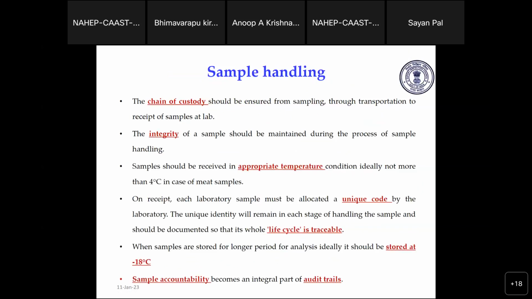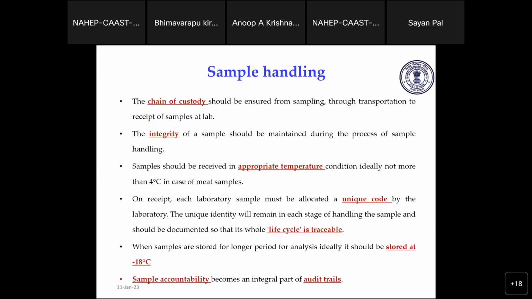Now, after sampling, as I showed in the initial flow, the sample goes to the laboratory. That is where the actual transportation happens, and the sample is handled in a laboratory. The most important thing is to ensure chain of custody. Chain of custody means that the sample is transported in proper environmental conditions.